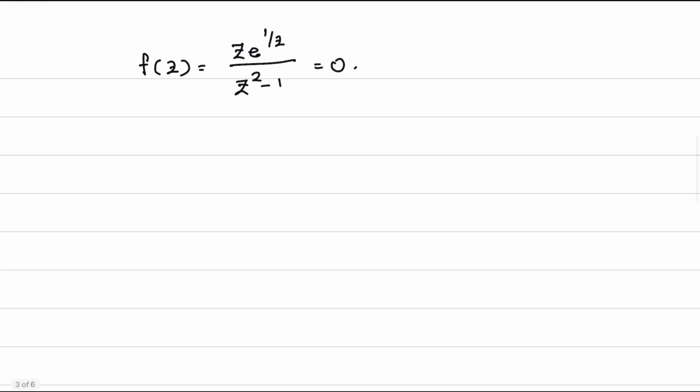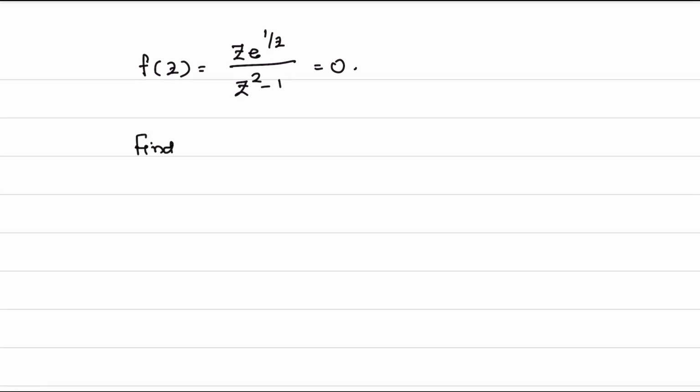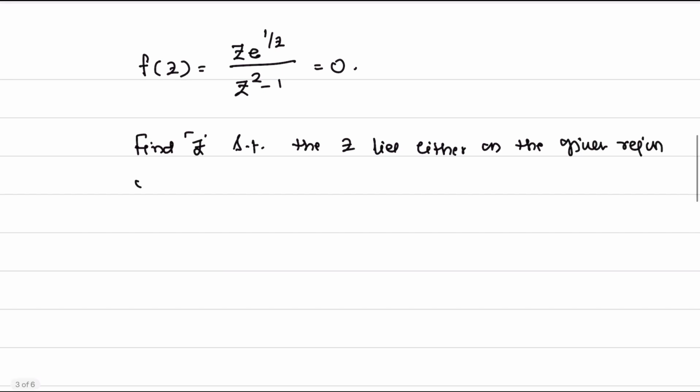Now, find z such that the z lies either on the given region of circle or within the region.